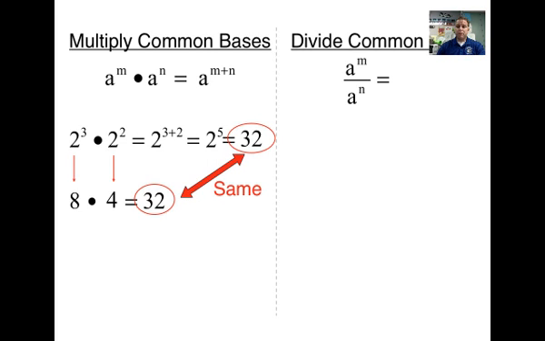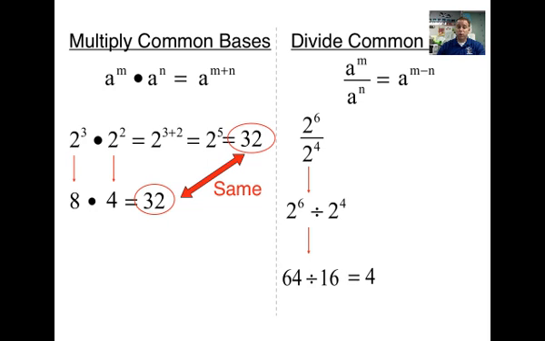So you get the same answer, bottom line. Now if we have a to the m power divided by a to the nth power, like I said, you're going to subtract the exponents: the first exponent minus the second. If we work that out, 2 to the 6th power is 64, and 2 to the 4th power is 16. 64 divided by 16 is 4.